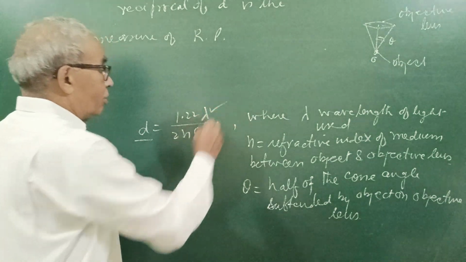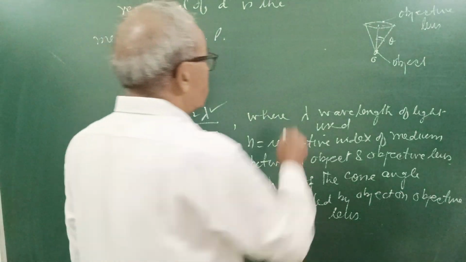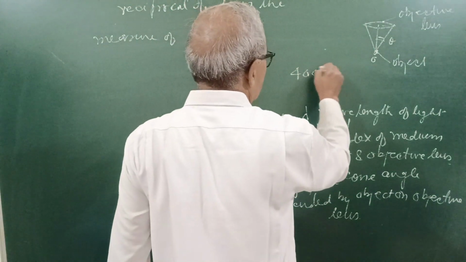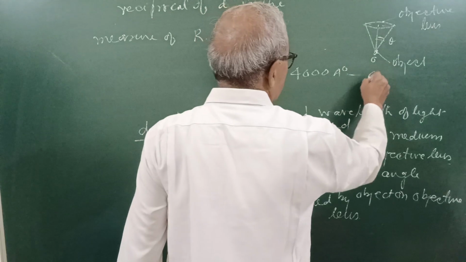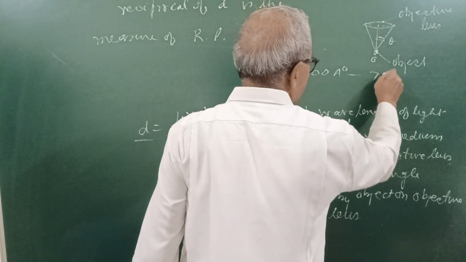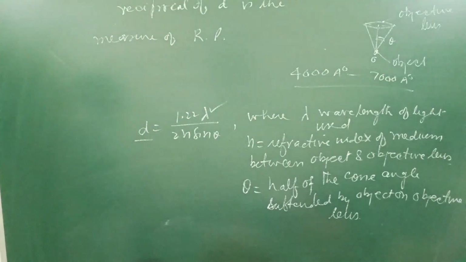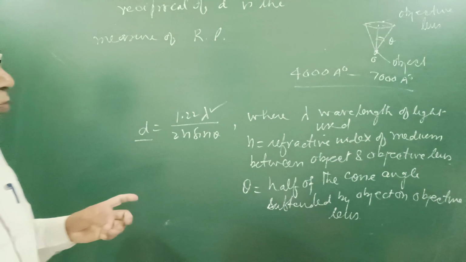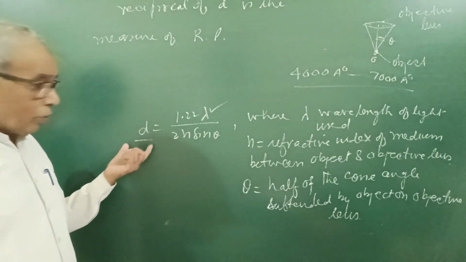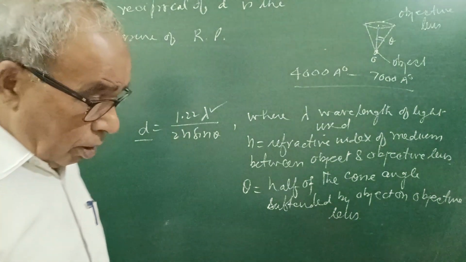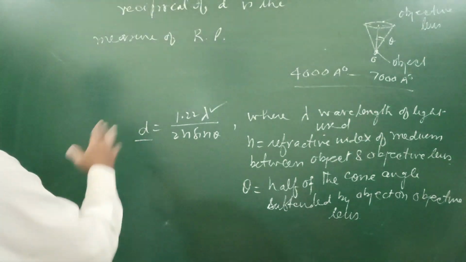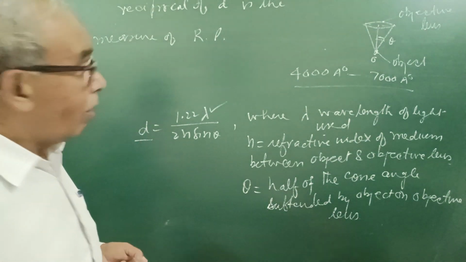The wavelength of light varies from 4,000 angstrom to 6,000 angstrom, 7,000. So the average wavelength can be taken as 6,000 angstrom. So a large value of wavelength causes a large value of d, or small resolving power.